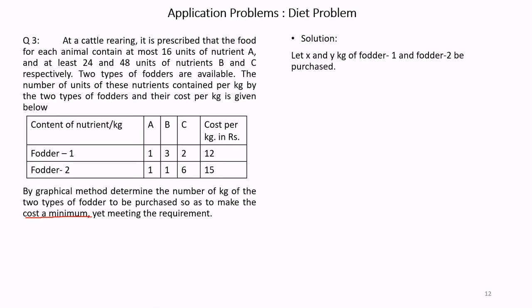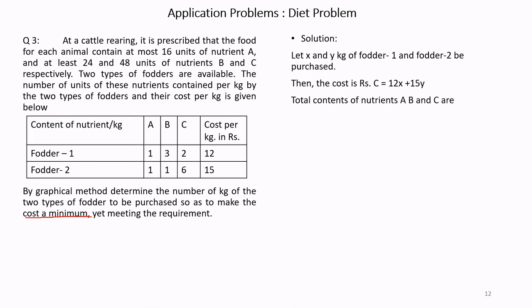Solution. Let x and y be the kgs of fodder 1 and fodder 2 purchased. Then the cost is 12x + 15y, so in the cost column you write 12x + 15y.